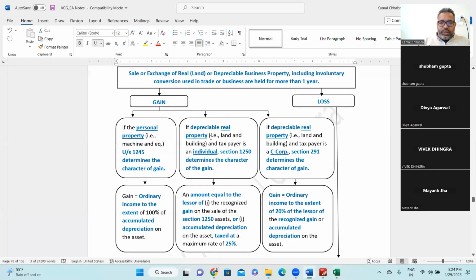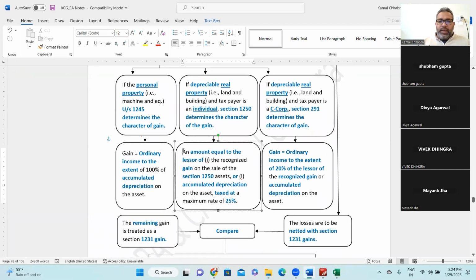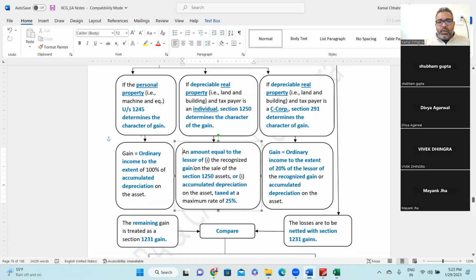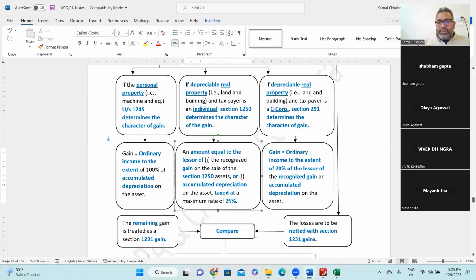So here, this second box where you are getting confused says an amount equal to the lesser of, first, the recognized gain on the sale under section 1250. Recognized gain is 75,000, or accumulated depreciation, which is 125,000. So it's saying the lesser of these two needs to be recognized as ordinary gain, to be taxed at 25%.